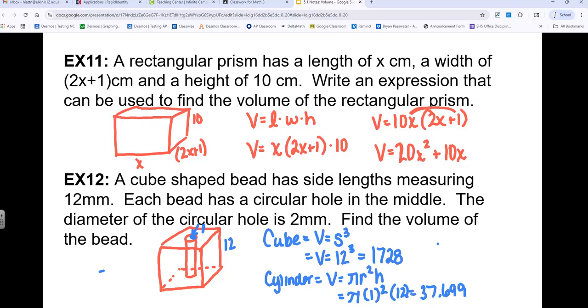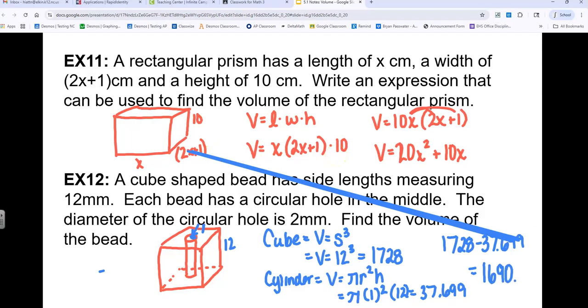So we just need to do 1728 minus 37.699, which is going to give us 1690.301. And that would be millimeters cubed.